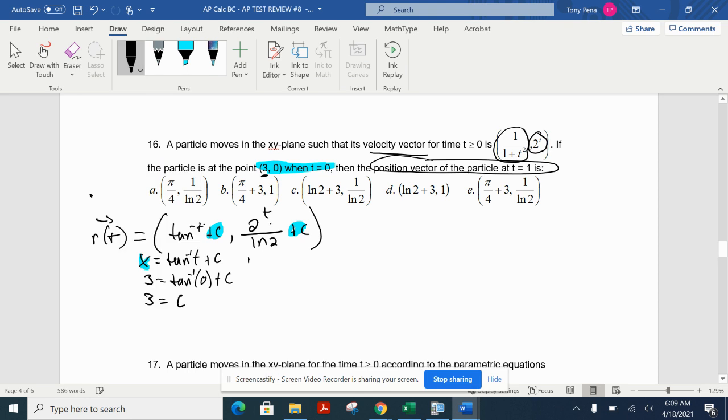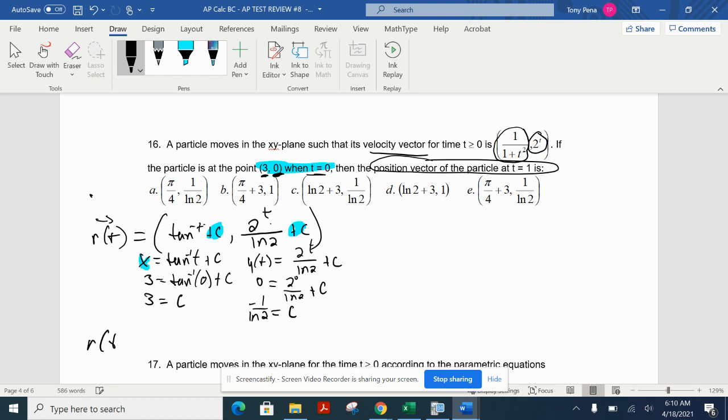This is your y of t. So that's 2 to the t over the natural log of 2 plus your constant. And using this information up here, we know our y position is 0 at the time of 0. So this 2 to the 0 actually gives you a 1 over ln of 2. So when we subtract that over, this c is a negative 1 over the natural log of 2.